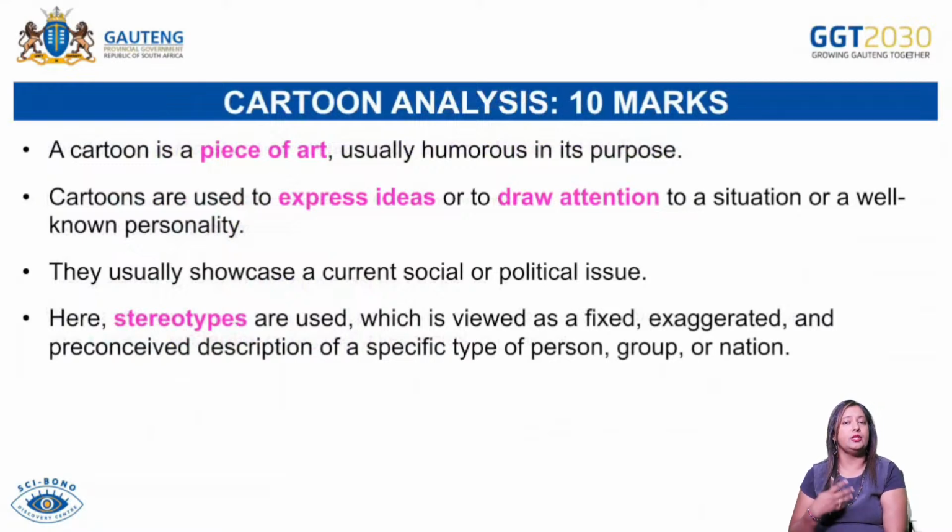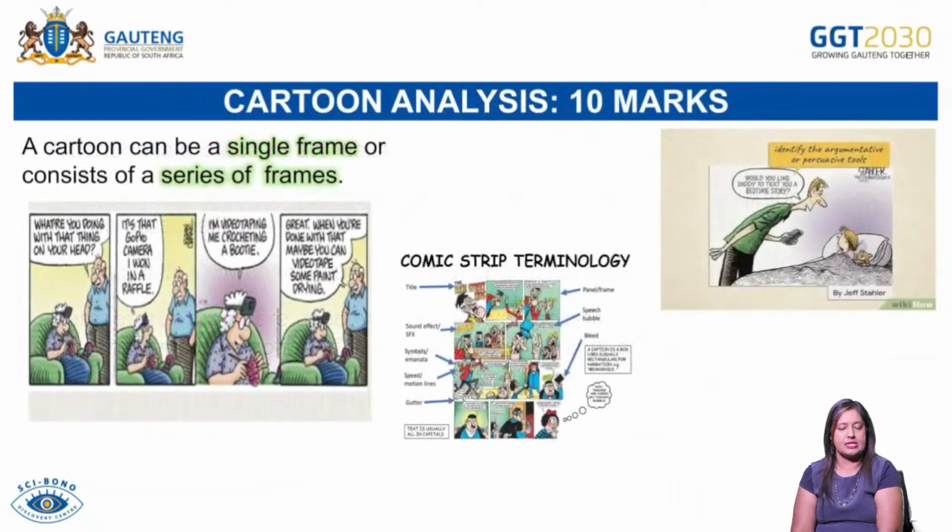All right. Can you understand that your ideas about a particular group of people or a person or a nation as a group, can you understand that it's a fixed idea and it needs to also be modified in certain instances? All right. Then, can you notice the difference between the single frame and the one where there's more than one frame, the series of frames?